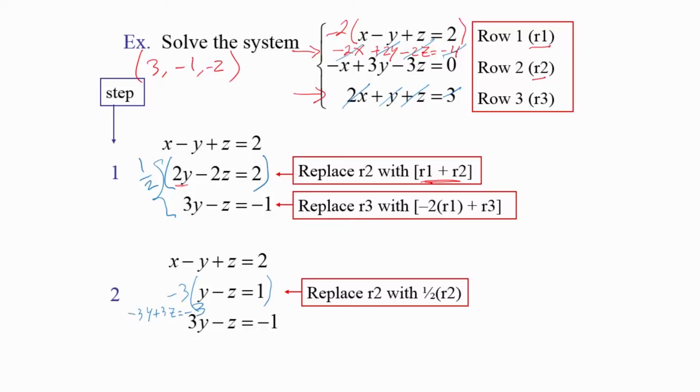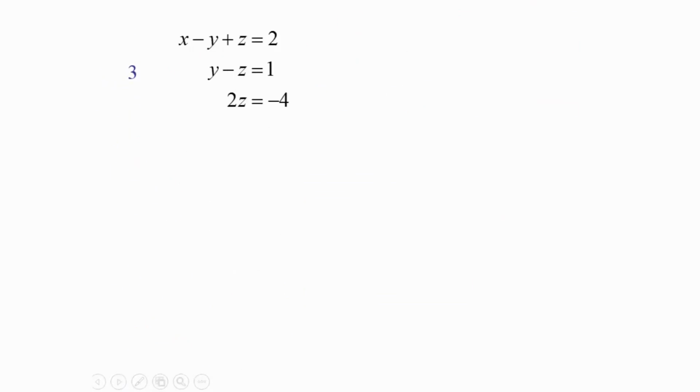Now this one and this one, I add them up together. When I add them up, the 3y would cancel. 3z and minus z would be 2z, equal minus 3 and minus 1, which is minus 4. That's what I should come up with. Minus 2z equal minus 4.